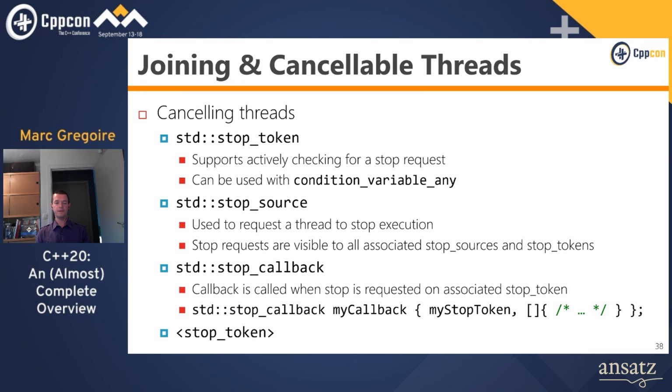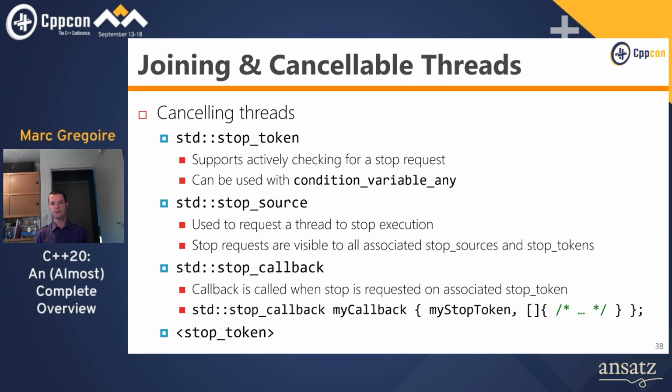How to cancel a thread? There are three aspects here. You have a stop token, and a stop token is used to actively check if a stop has been requested. So a thread that supports cancellation will have to periodically check if a stop is requested, and that's why it is called cooperative cancellation. It requires work from the thread itself. The nice thing is that stop token is compatible with condition_variable_any.